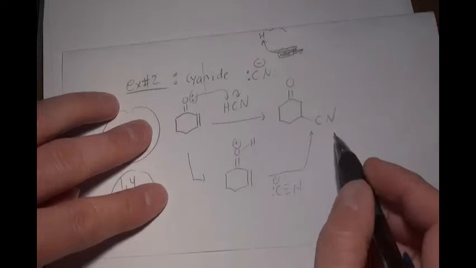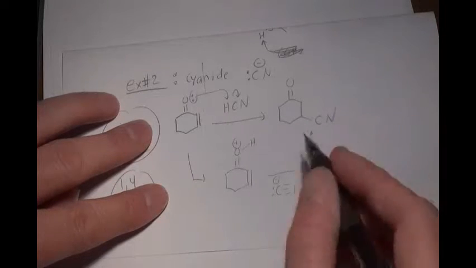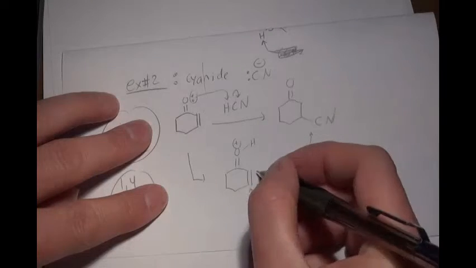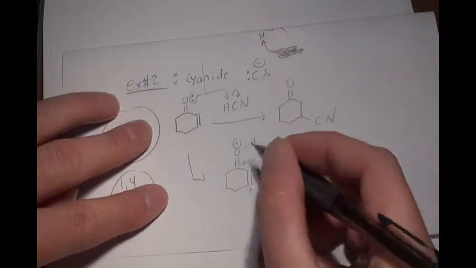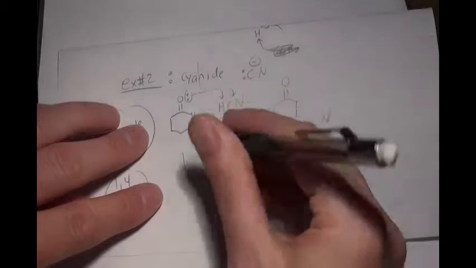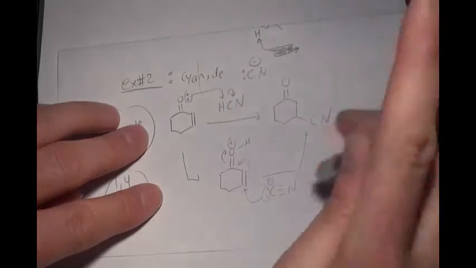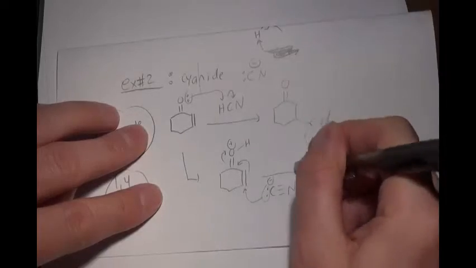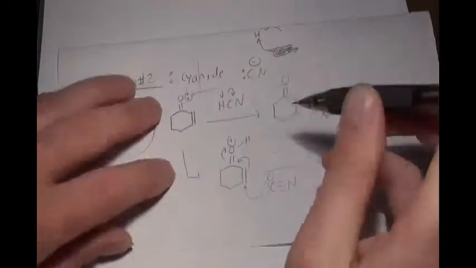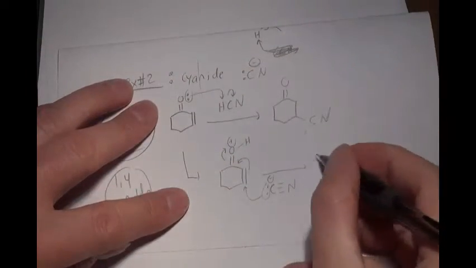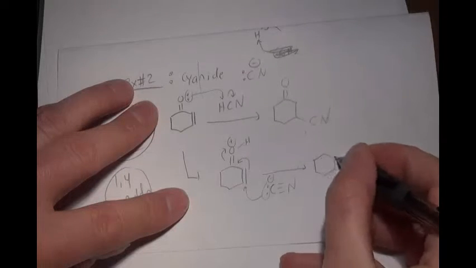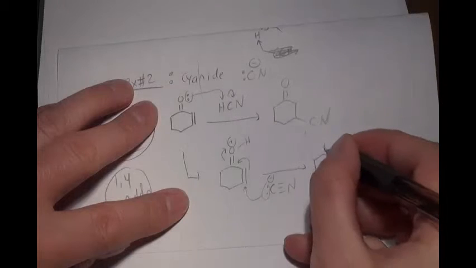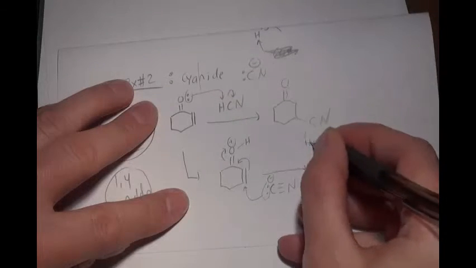Well, it looks like we know where the product is. It's at the beta position. Actually, the end result here is not quite the product. It's close. Now we have CN, and we have this thing.